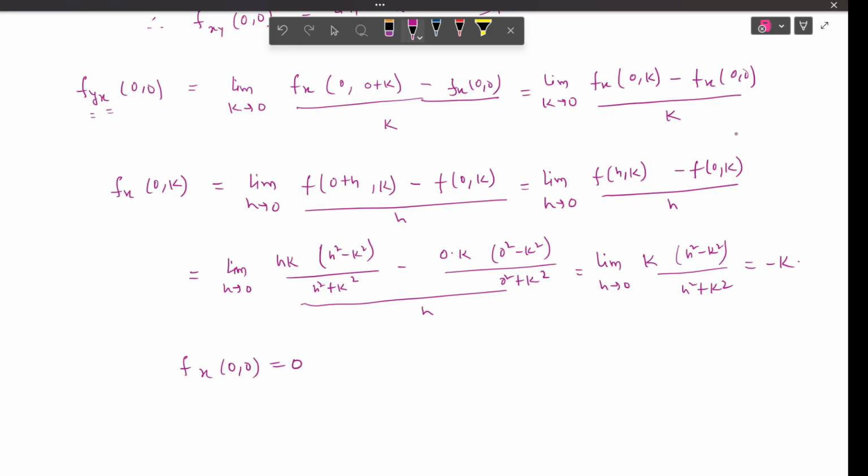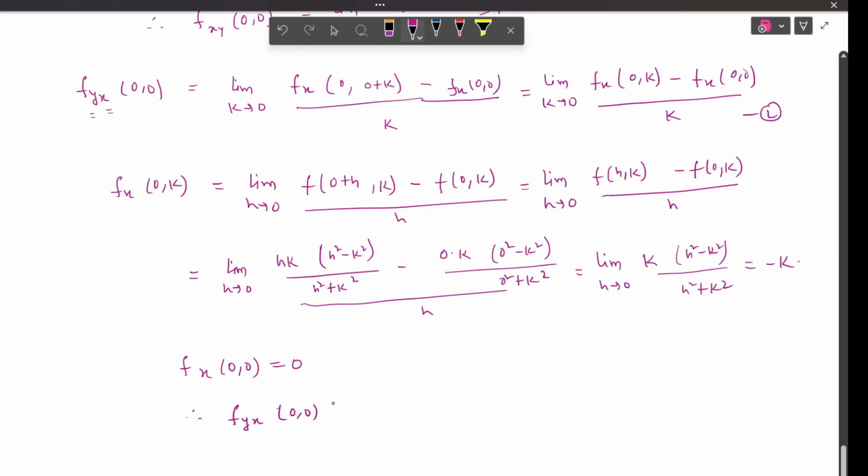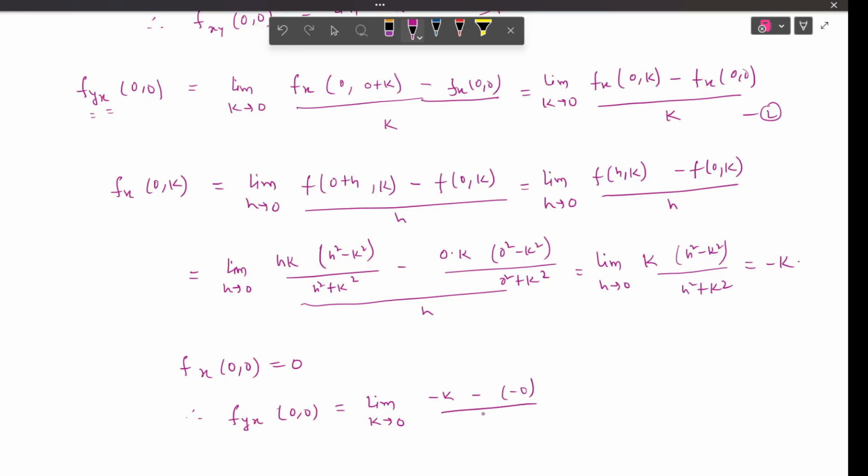So let us say this is our equation 2. So we have to put the values we get in this equation. So you can say f_yx(0,0) would be the limit as k tends to 0 of [minus k minus of minus 0] upon k.